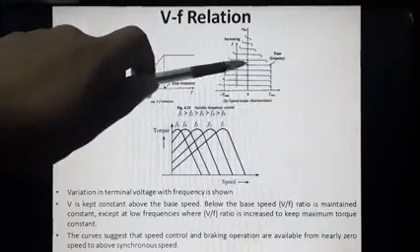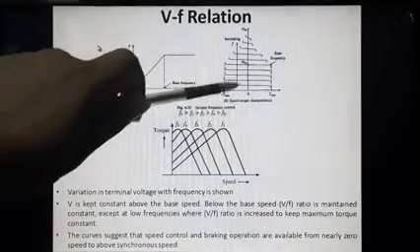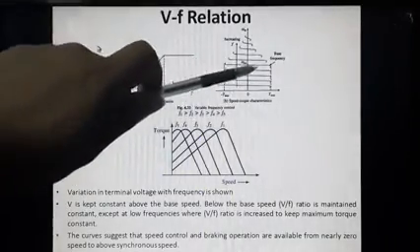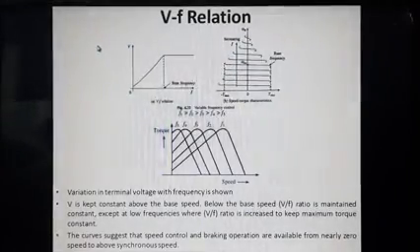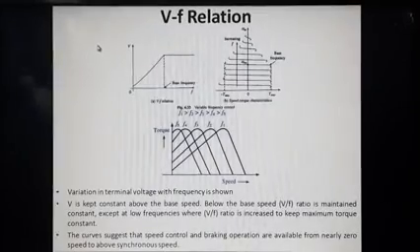Definitely the rated speed itself is less than the synchronous speed. So in all these regions, this is the motoring region, this is the braking region, the maximum torque of the induction motor is also remaining constant because the V by F ratio is retained constant.